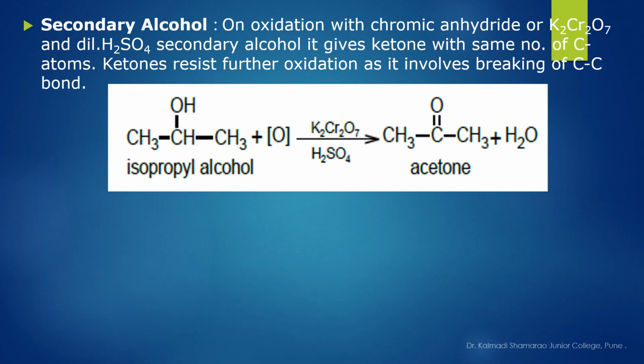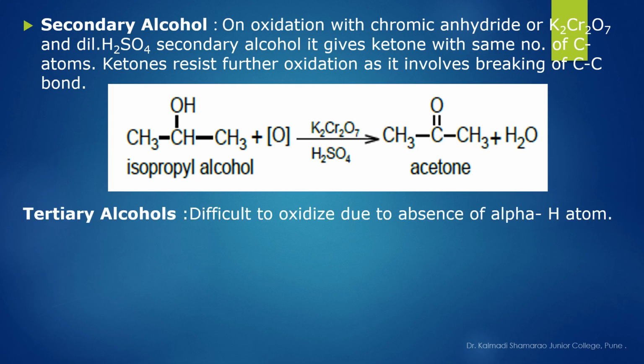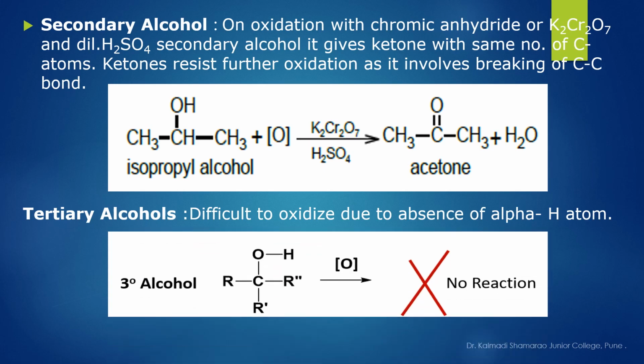The ketone resists further oxidation as it involves breaking of a carbon-carbon bond. The reaction. Tertiary alcohols are difficult to oxidize due to the absence of an alpha hydrogen atom. Reaction.